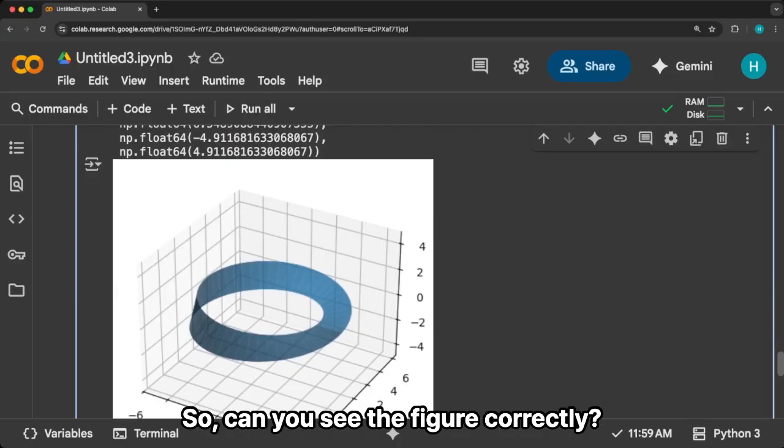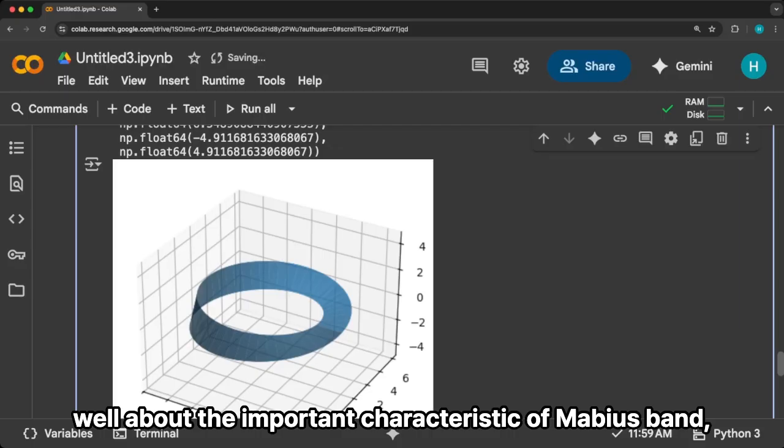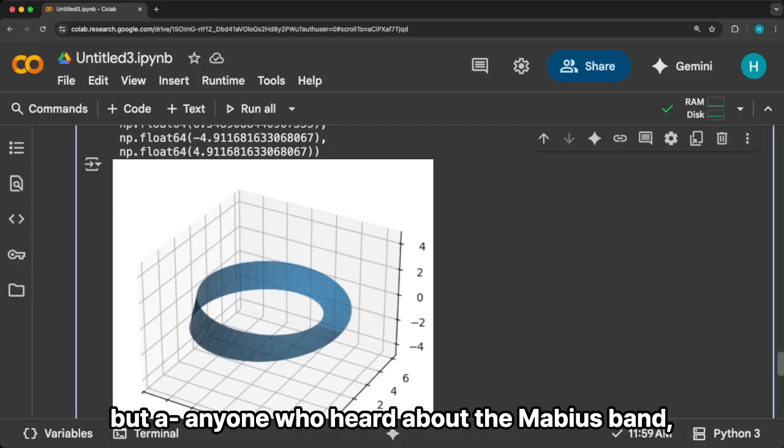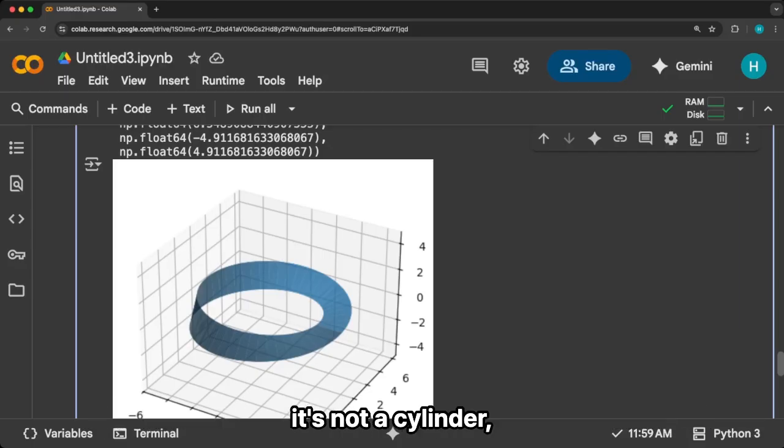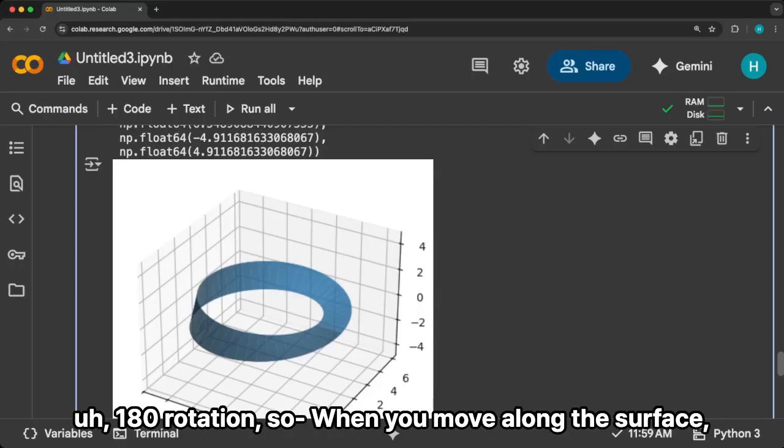So can you see the figure correctly? It's not really representing well the important characteristic of the Möbius band, but anyone who heard about the Möbius band knows it's not a cylinder-like surface. It's as if you cut the cylinder and then put the two ends, the two boundaries, together with a 180 rotation.